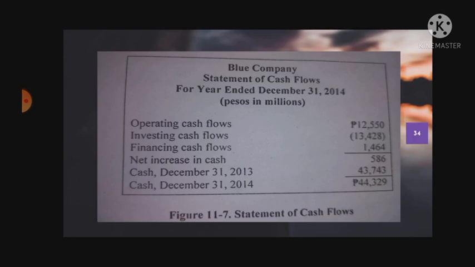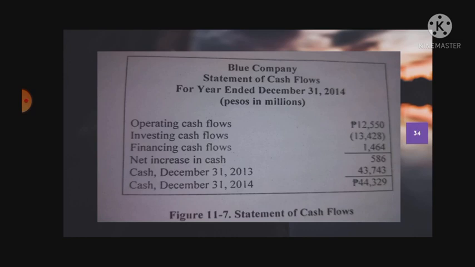Operating activities are the cash flows derived primarily from the principal revenue producing activities of the entity. Operating activities generally result from transactions and other events that enter into the determination of net income or loss.